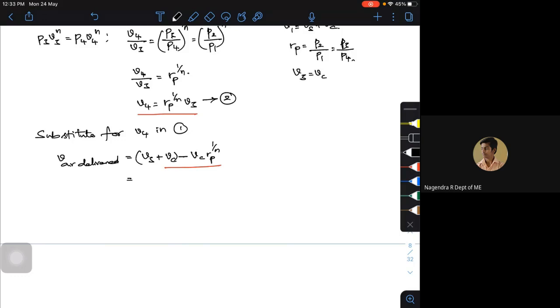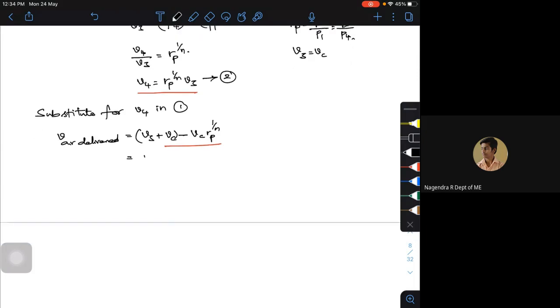Or I can write Vs plus Vc, if I take Vc common, it will be 1 minus Rp to the power of 1 by n. So volume of air delivered I can write in that particular fashion. Volume of air delivered is equal to Vs plus Vc, if I take common, this will be 1 minus Rp to the power of 1 by n.